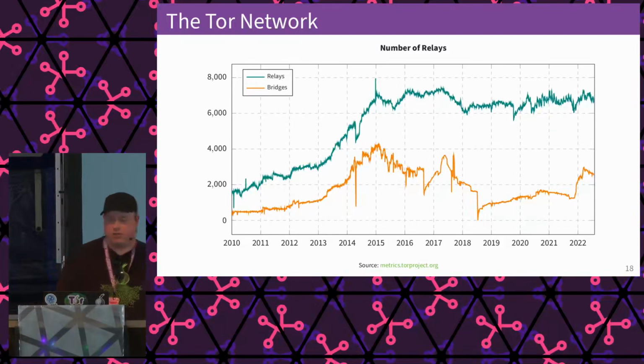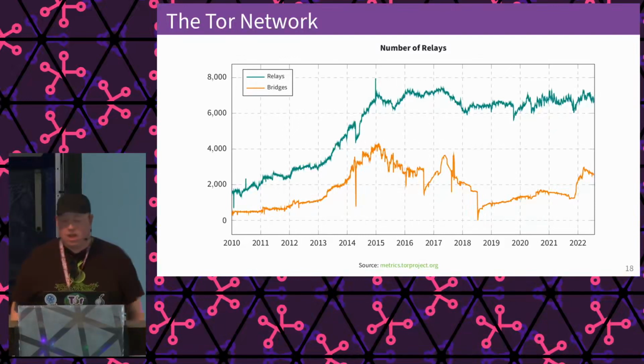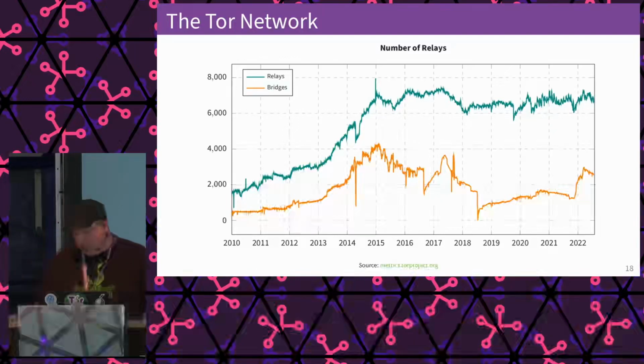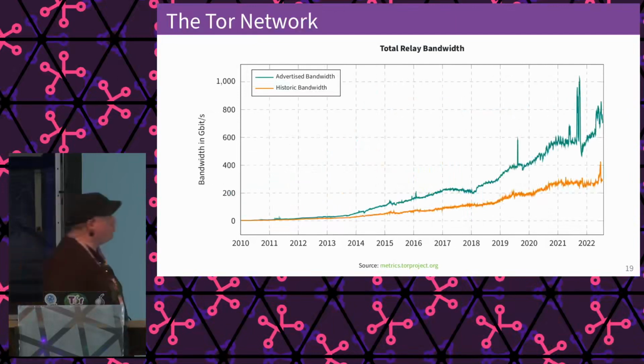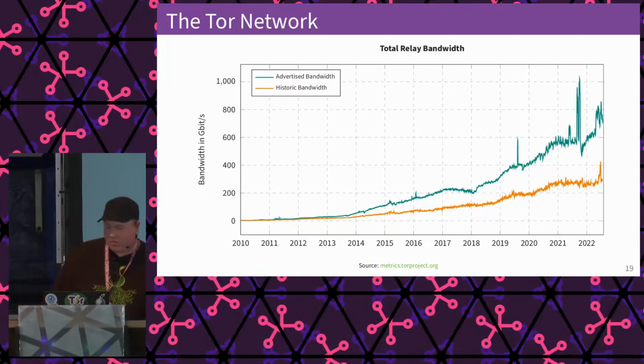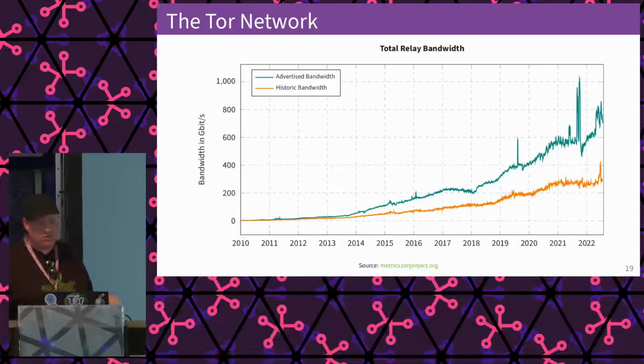Fortunately, a lot of people here in 2022 have started running bridges. Even though we have hit a sweet spot somewhere between 6,000 and 7,000, the bandwidth of the network continues to grow and get faster, also as the internet in general gets faster. We're going to look more at the bandwidth in recent time later in the presentation, but I'm quickly going to go to the next part.